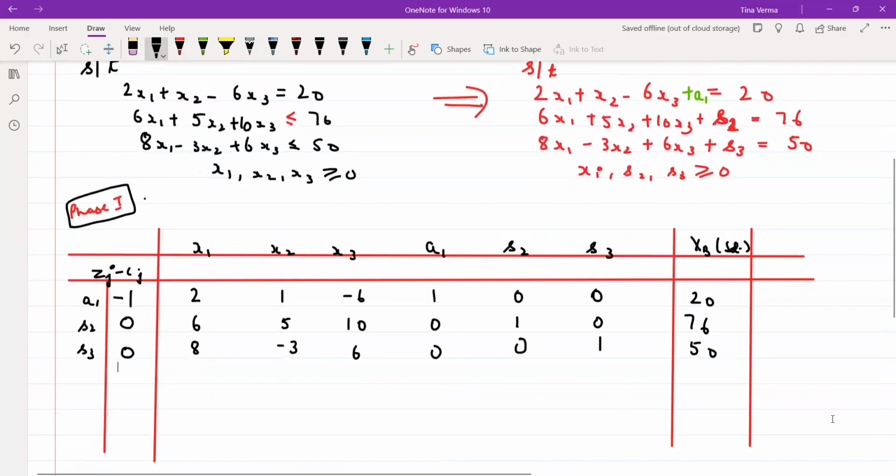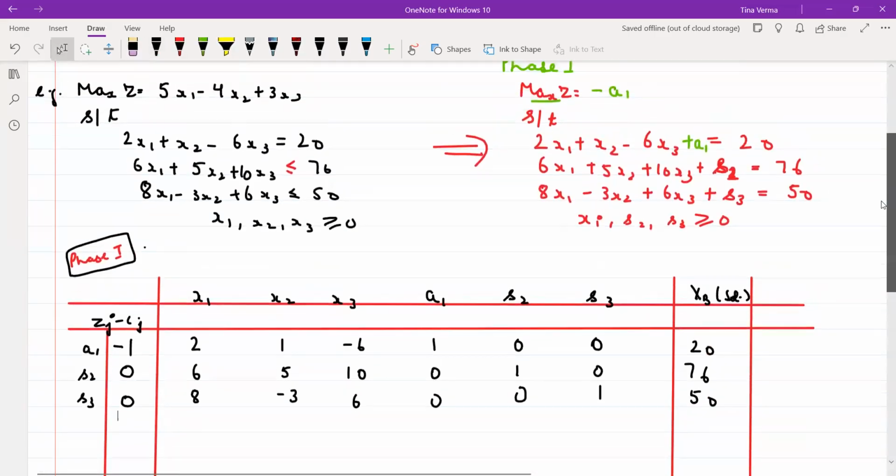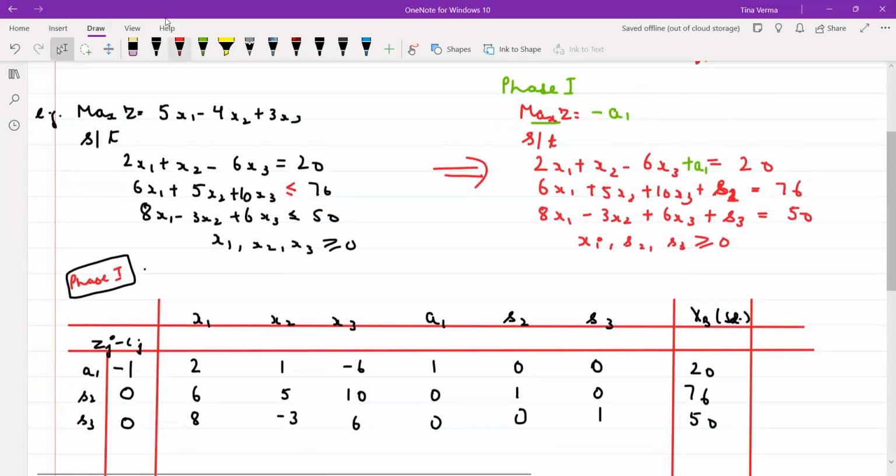So I have already explained that whenever we have to write zj minus cj, I can write it like this: 0, 0, 0, 1, negating the sign of this. This is 0, 0. But zj minus cj corresponding to your basic variables should be 0. That means for A1 it should be 0, S2 should be 0, S3 should be 0.